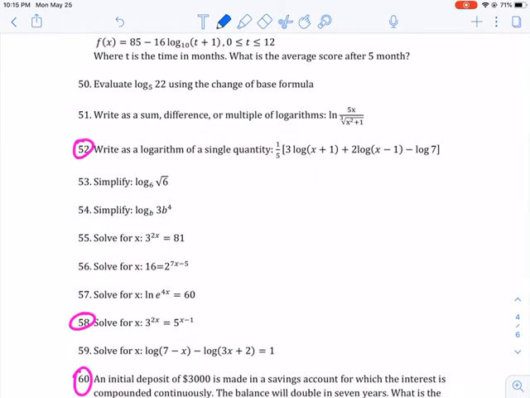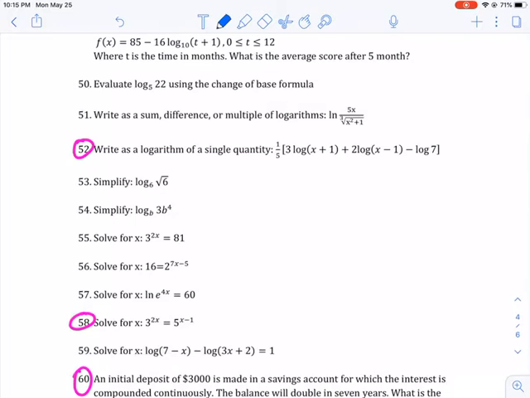All right, let's take a look at 52. So 52, write a logarithm as a single quantity because we got to put that all together. Right now it's like this one big multiple things.